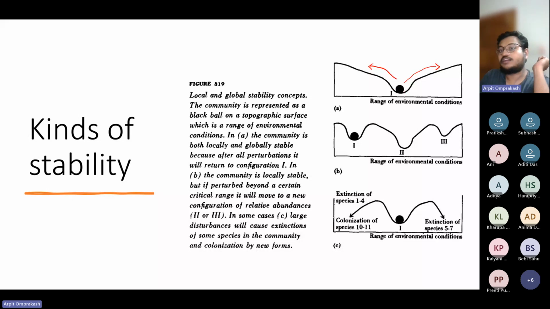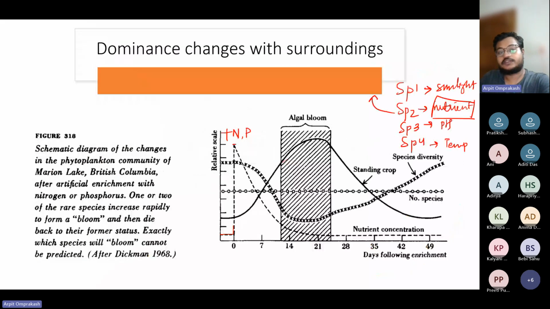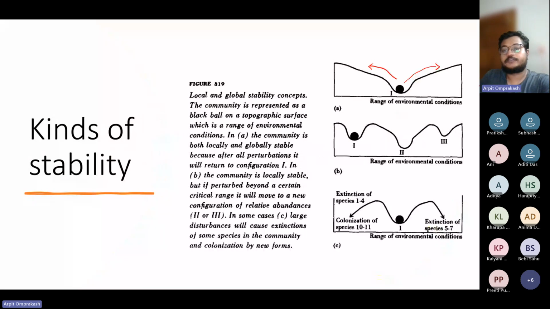So even if you add a lot of nitrogen, phosphorus, or you change the amount of sunlight that is present or something like that, you're basically disturbing the community. But if the community has global stability, it will eventually come back to the same point.